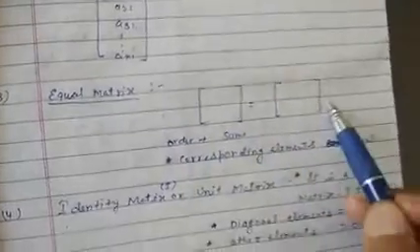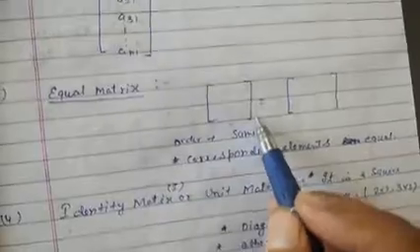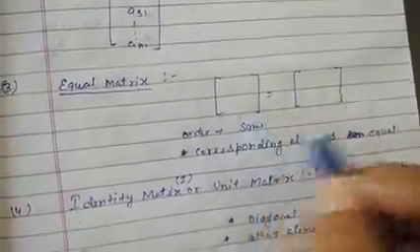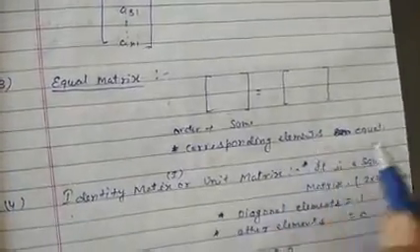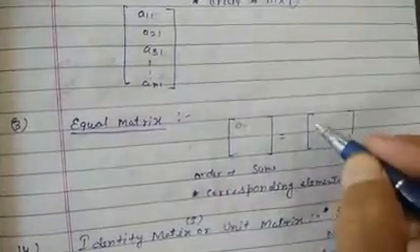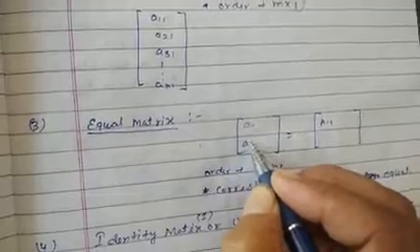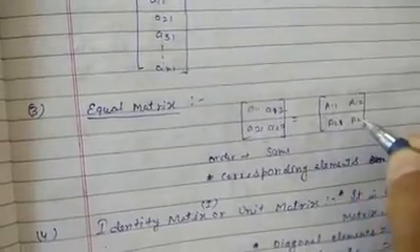Now for equal matrices, this matrix is equal to this one, and the condition is that the order is the same. It means its order is 2 by 2, and the other is also 2 by 2. The corresponding elements are equal. Suppose here is A11, A21, A12 and A22, and here A11, A12, A21 and A22.